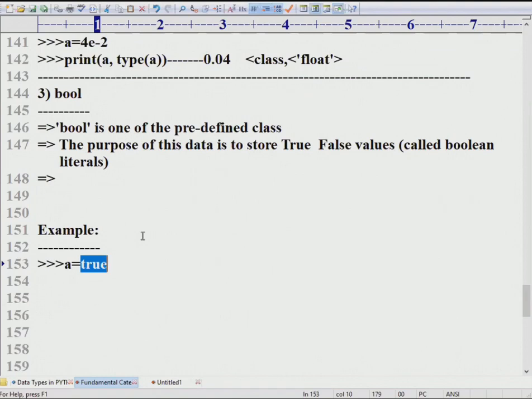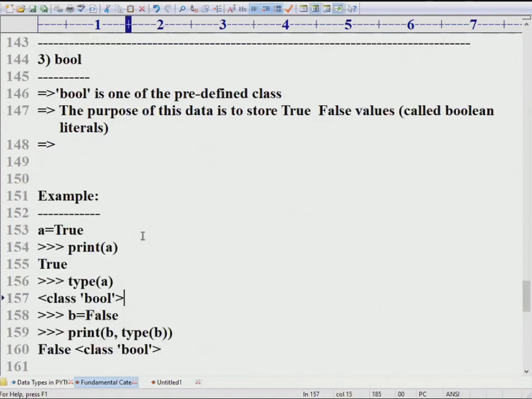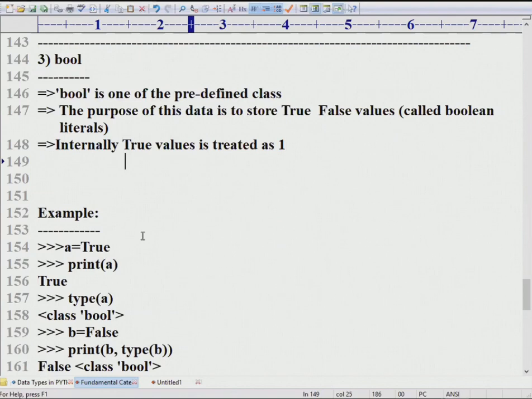This is a written test question point, and even further we will come across it. Internally, the True value is treated as 1, and the False value is treated as 0. Now you answer my question: True plus True.